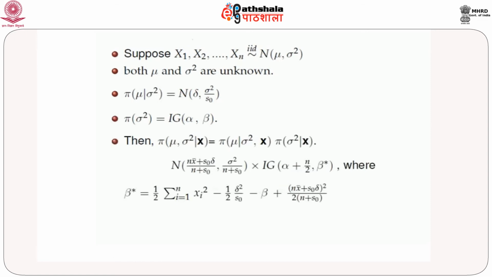So, we look at an example, mainly the example of the normal distribution and the case where both mu and sigma square are unknown, and the assumed prior distributions as before. We also saw that the posterior distribution of mu and sigma square basically turns out to be the product of a normal distribution and an inverse gamma distribution with the corresponding parameters as shown.